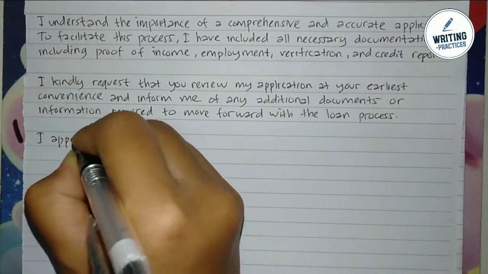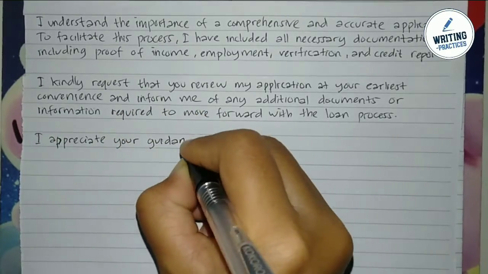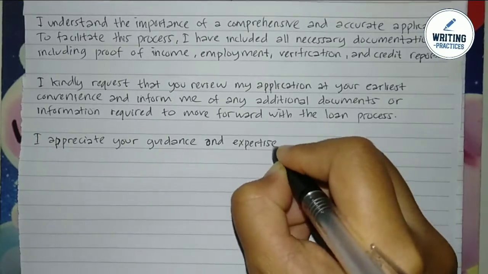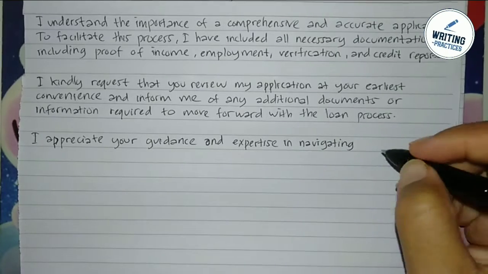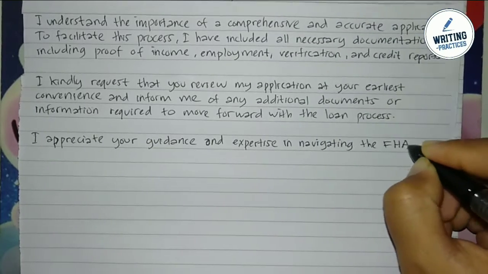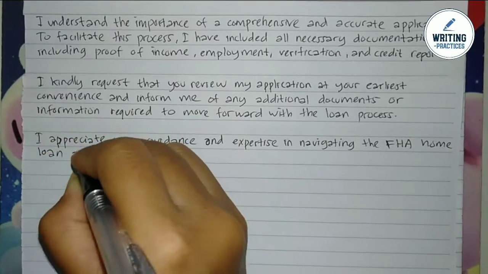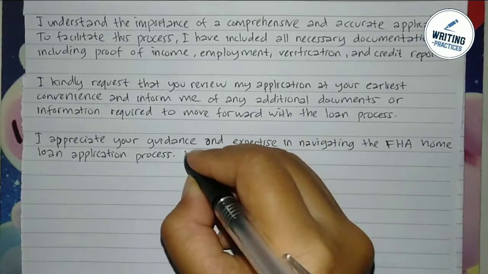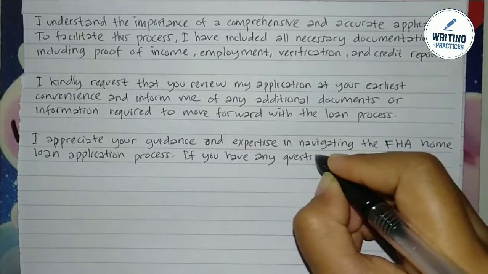In the 6th paragraph, show your appreciation and request for assistance. Of course, it is highly recommended that you deliver a thank you message for the loan officer's guidance and expertise. You may simply write, "I appreciate your guidance and expertise in navigating the FHA home loan application process." And give also your contact information. This section includes the applicant's contact information like phone number and email address.